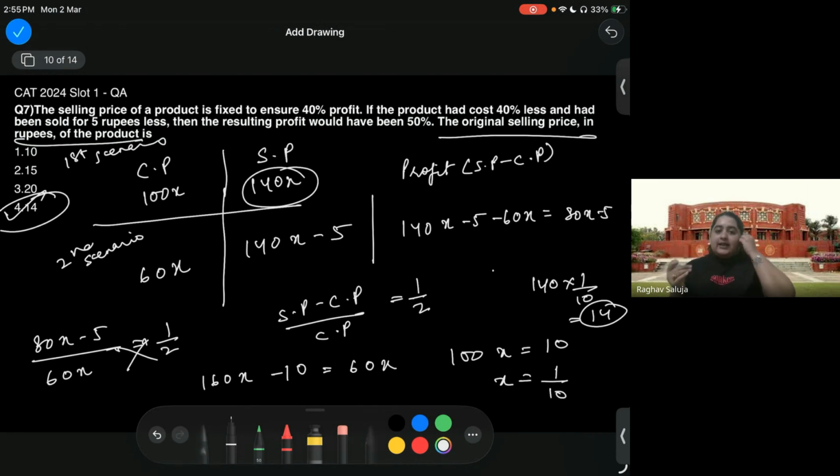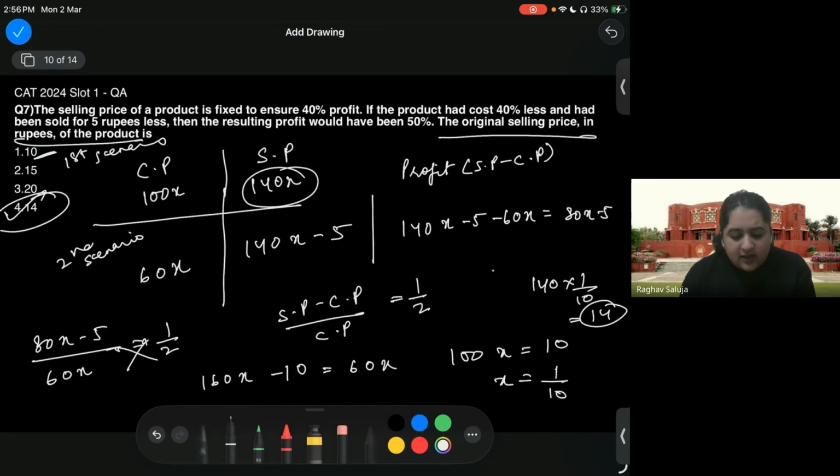Now at times what I've seen people making a mistake is that as soon as they get x, they just simply think, okay, we have to find cost price, so they will mark 10, and that is what will be given in the options also. So make sure that you read what is being asked.